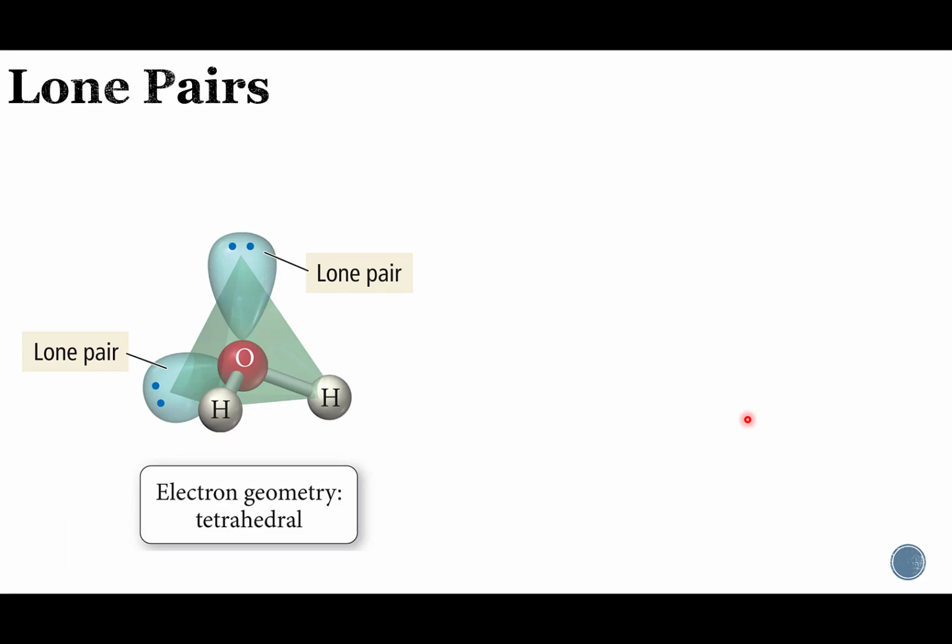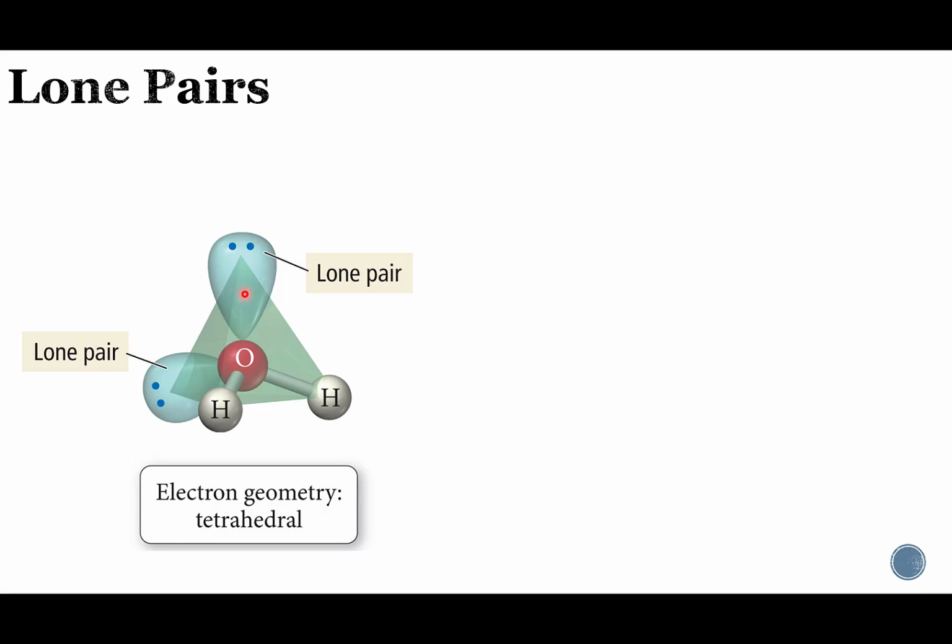Another example of this would be water. If I draw the Lewis structure for water, we've got oxygen in the middle, bonding groups with hydrogen, and then this oxygen has 2 lone pairs. Again, if we look at the total number of electron groups attached to that oxygen, it's again 4 electron groups, so tetrahedral.